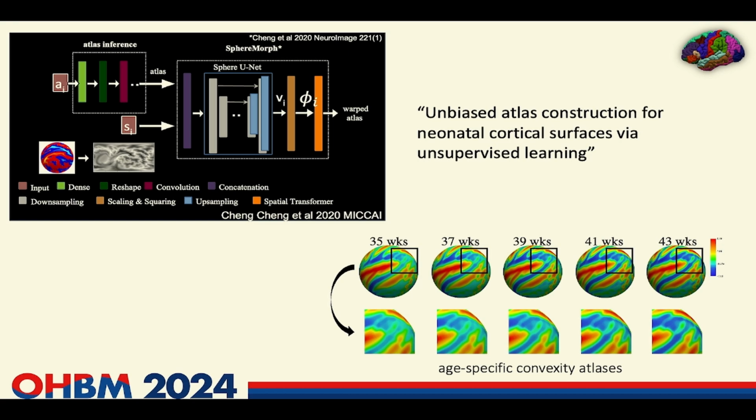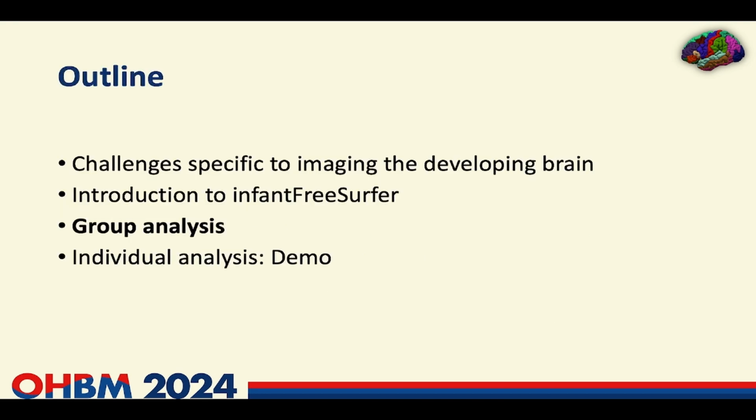But I want to emphasize that the tool does not just result in these individual age points. It's a continuous representation. So even if your training data doesn't have representation for certain age groups, it can compute a representation based upon the training data set. So you can represent the full age range of your interest with these representations.